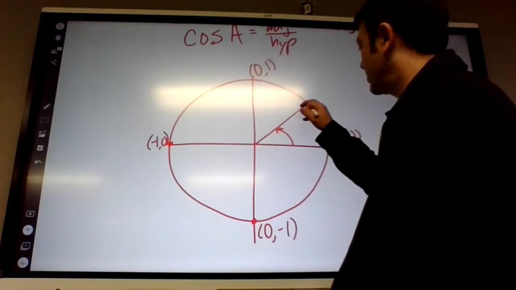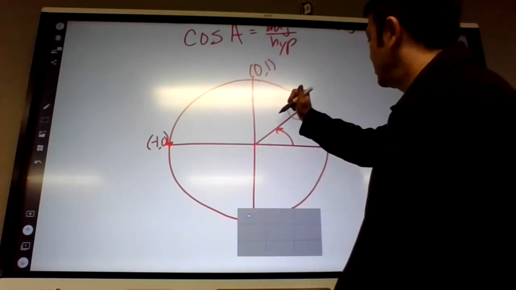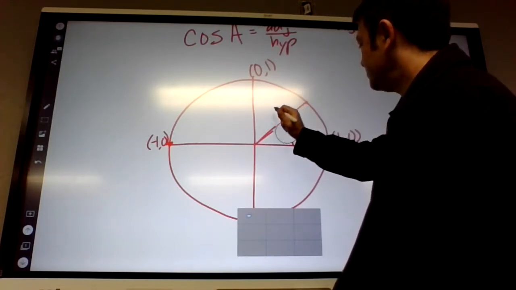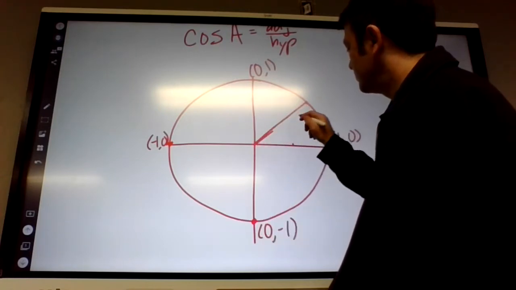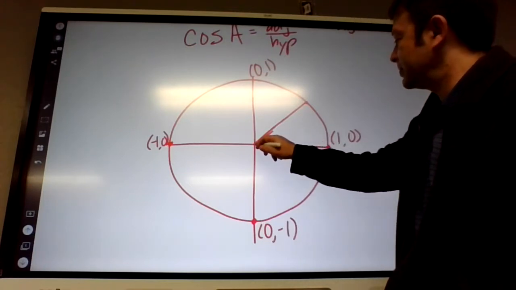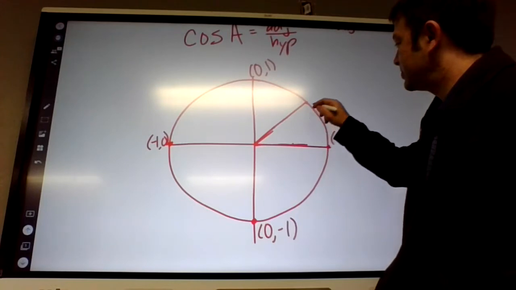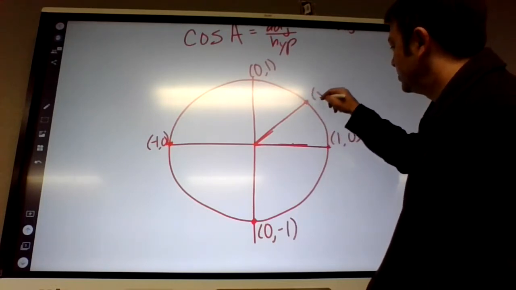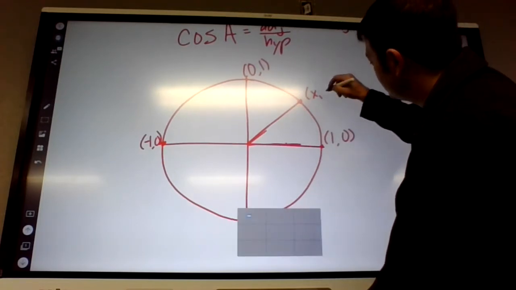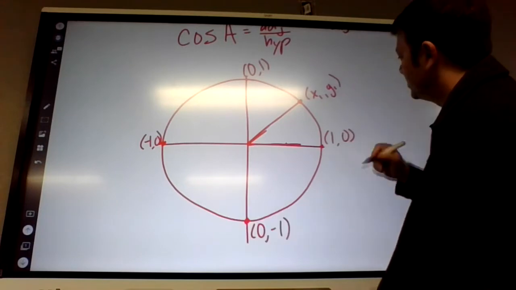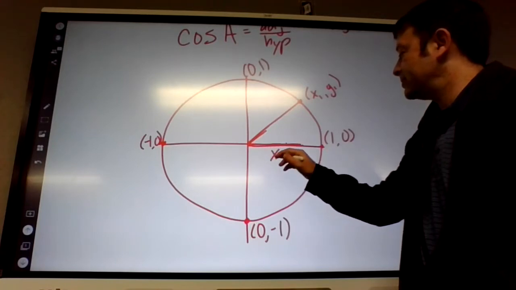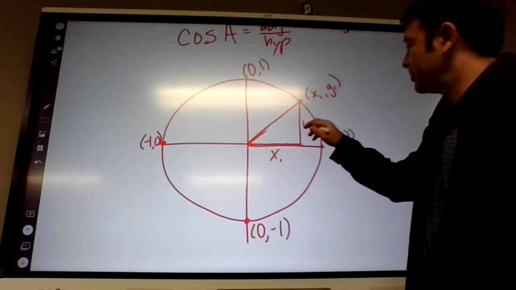rotations. But if I have a line on the unit circle going from the center, it kind of makes a right triangle. If this is a point on the unit circle, call it (x1, y1), from here to here would be the x1 value, and from here to here would be the y1 value.